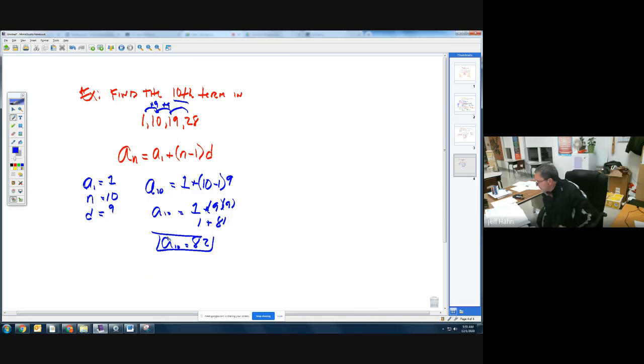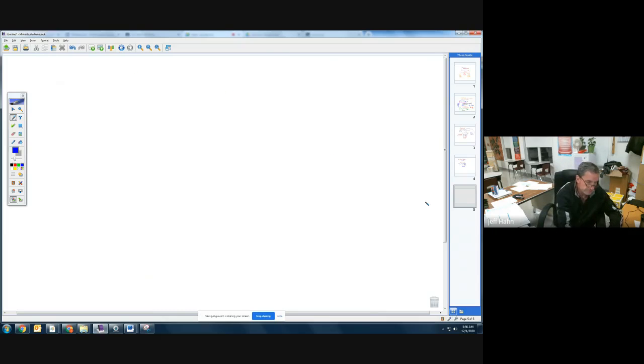I am going to do probably one of the hardest ones I saw here in the example. Are you ready? One last example here. And the example says to find the 11th term in this sequence.